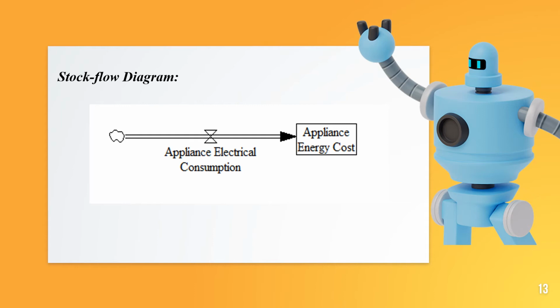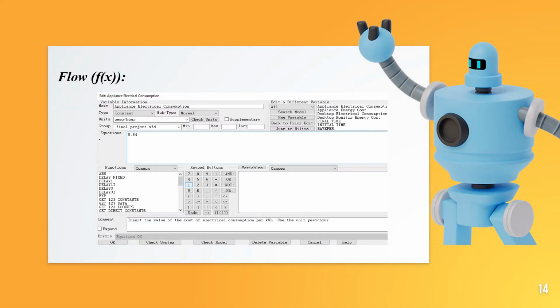This is the stock flow diagram that the student and the teacher should model. The flow, the appliance electrical consumption, will get a value of 8.84, and the unit is peso per hour.